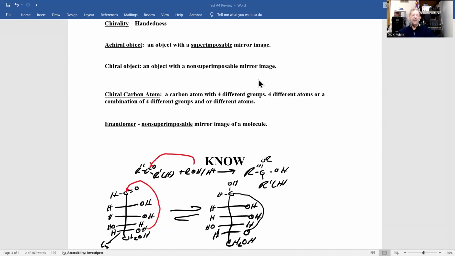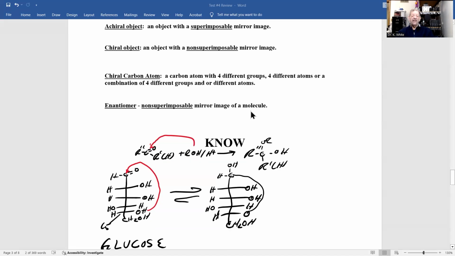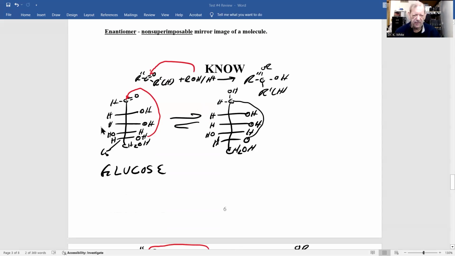Now, I talked about enantiomers, and enantiomers are the non-superimposable mirror image of a molecule. And if I were to ask you to draw the enantiomer, all I'm asking you to do is draw the mirror image. Again, enantiomer: non-superimposable mirror image of a molecule. Now, I talked about the Fischer projection, which is this.